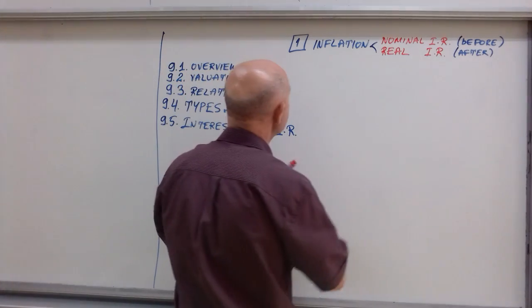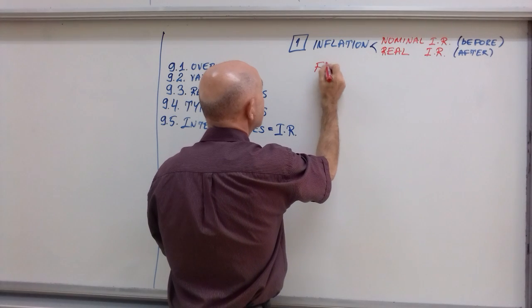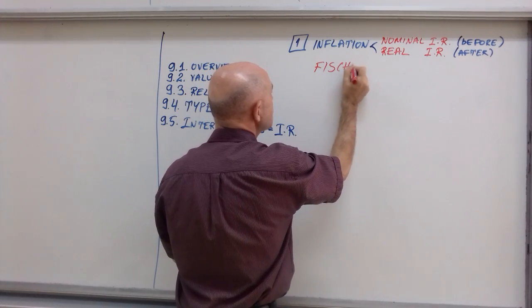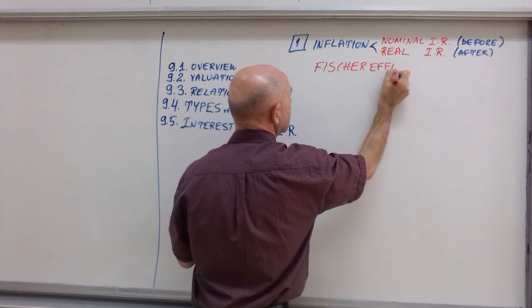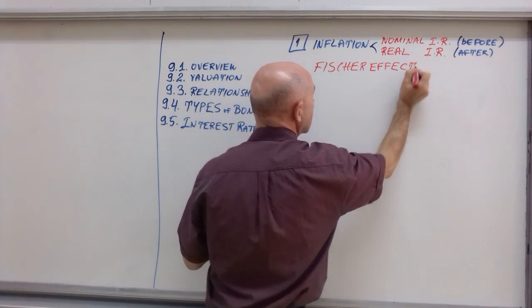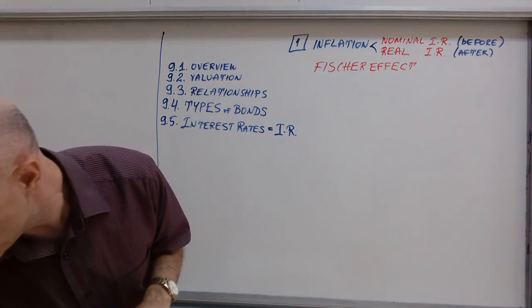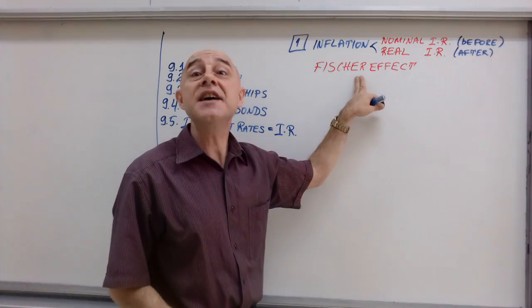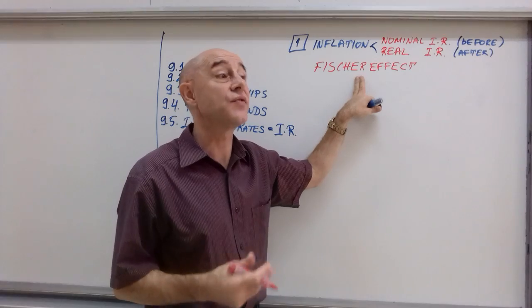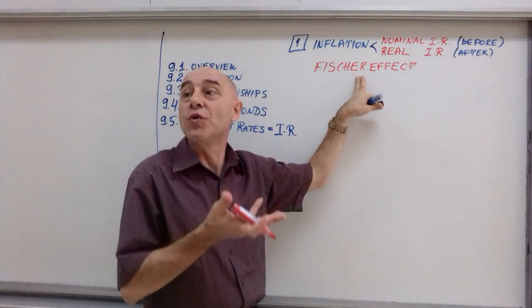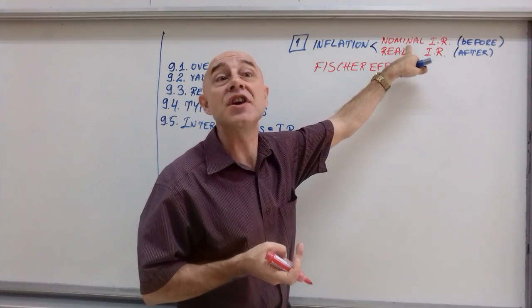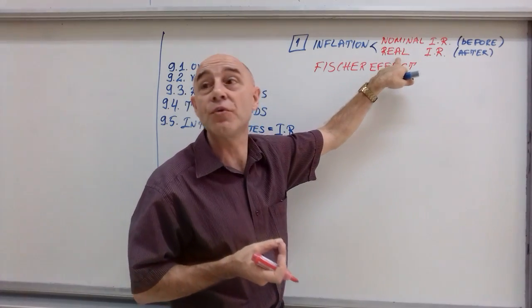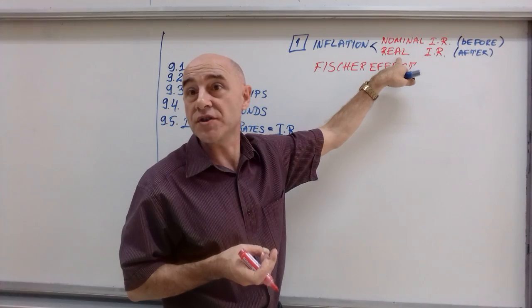And we've got what is known as the Fisher effect. What's the Fisher effect? As inflation or inflation expectations rise, nominal interest rate will increase to incorporate real interest rate.